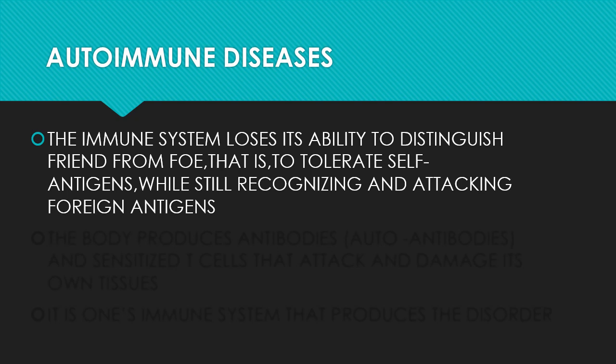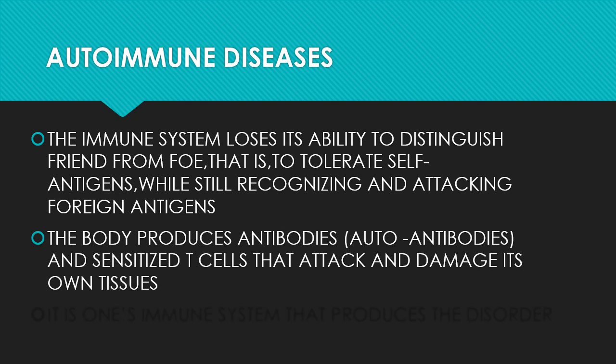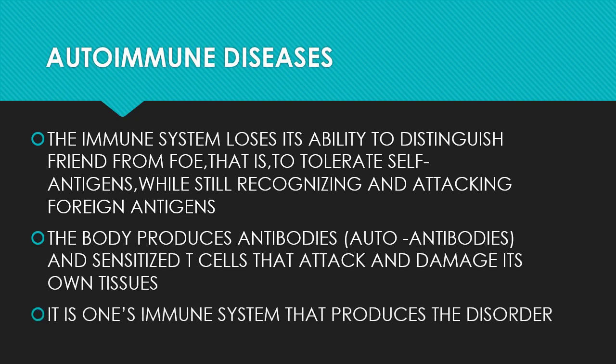Our immune system loses its ability to distinguish friend from foe. That is to tolerate self-antigens while still recognizing and attacking foreign antigens. The body produces antibodies, autoantibodies, and sensitized T cells that attack and damage its own tissues. So it is one's immune system that produces the disorder.